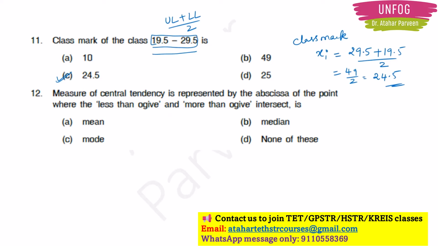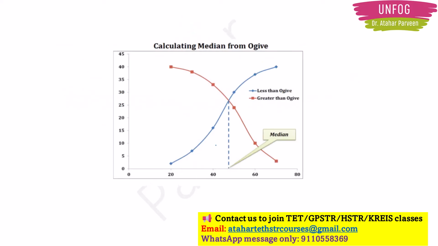Question number 12. The measure of central tendency represented by the abscissa of the point where the less than ogive and more than ogive intersect is. This is how you can find the median using the graph. This type of graph is known as an ogive.